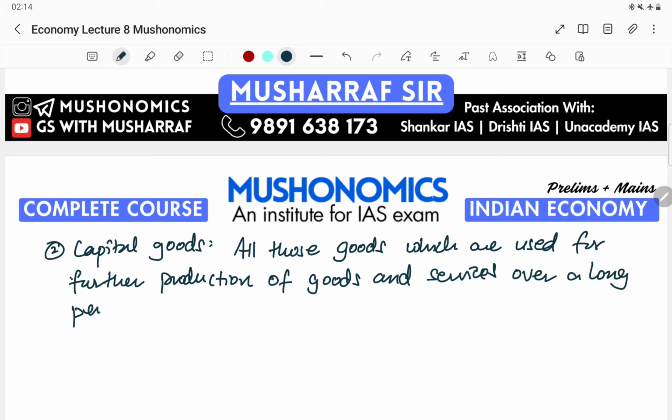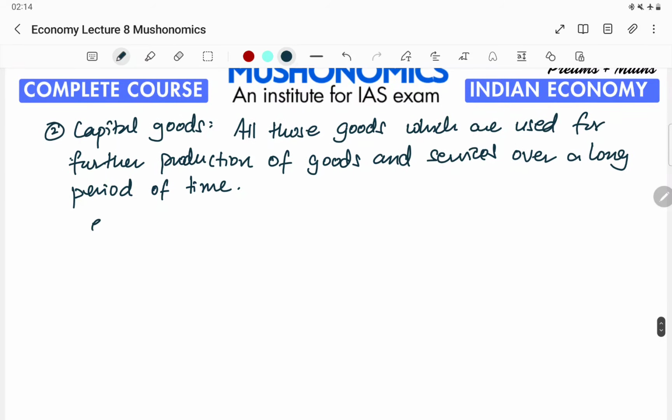This is the definition of capital goods. What are the examples that we can take here? Example, a car used as a taxi.